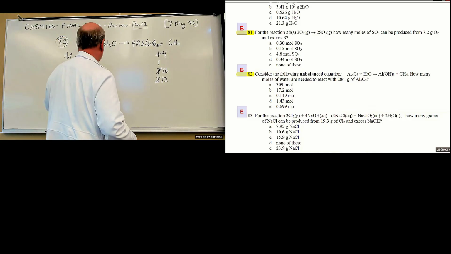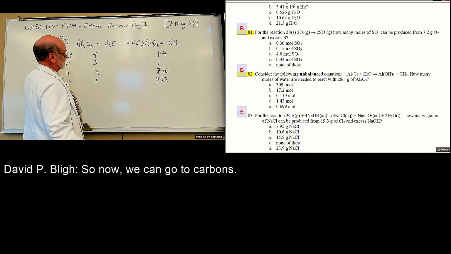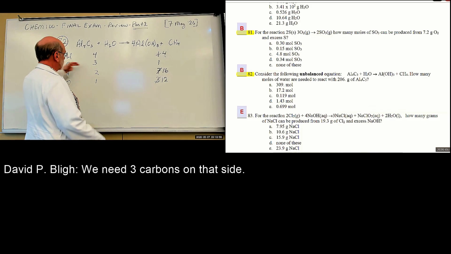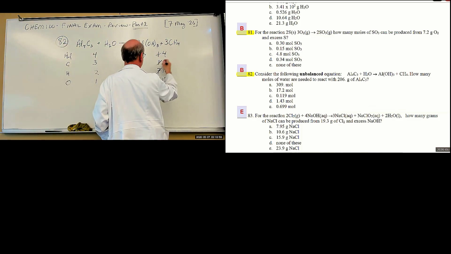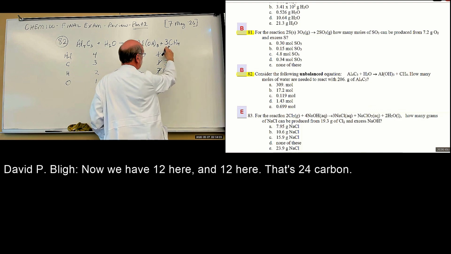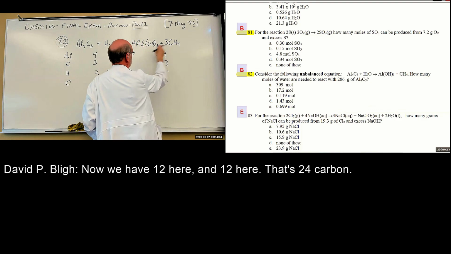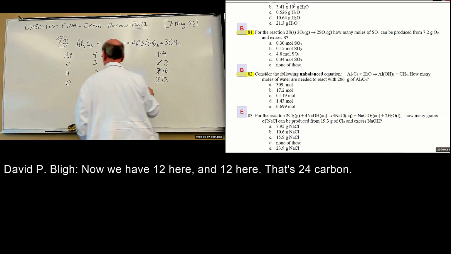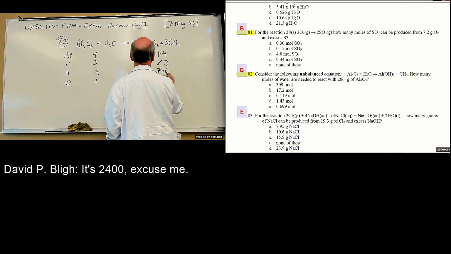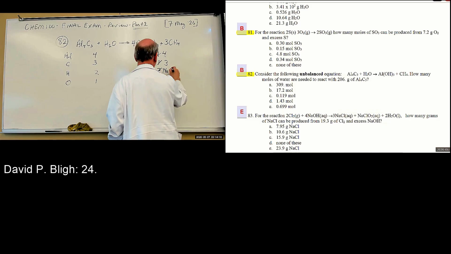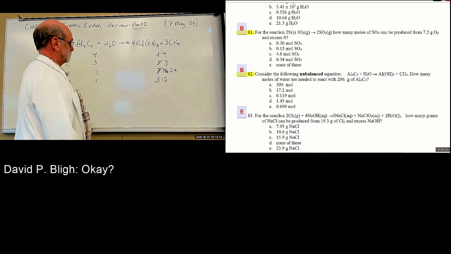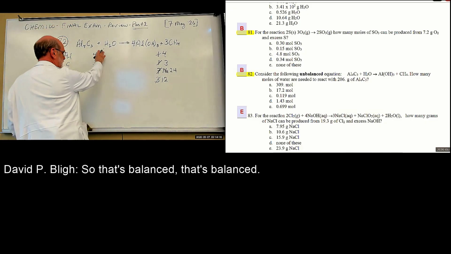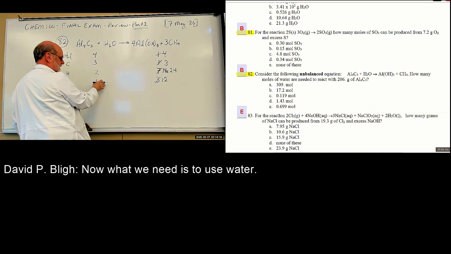So now we can go to carbons. We need 3 carbons on that side. Now we have 12 here and 12 here. That's 24 hydrogens. So that's balanced, that's balanced.